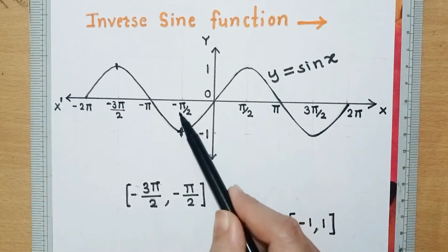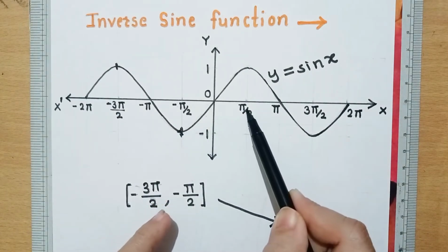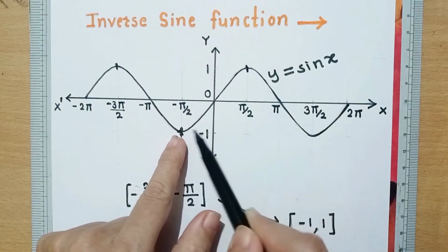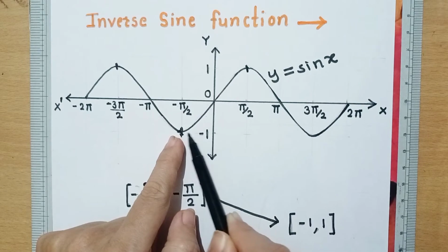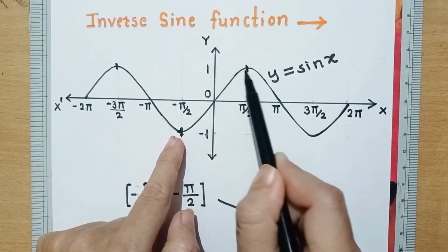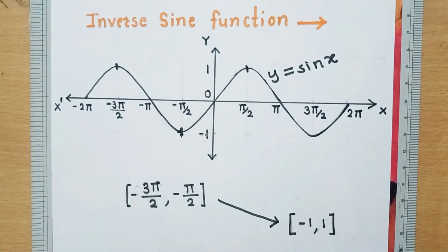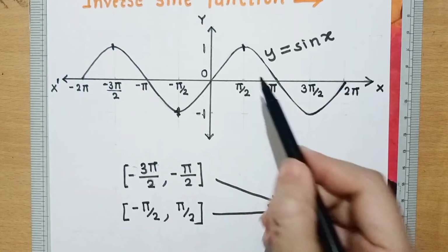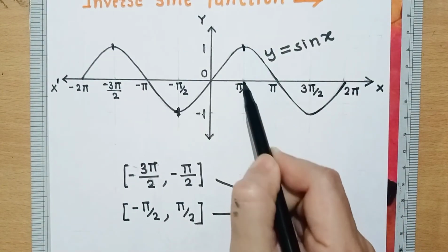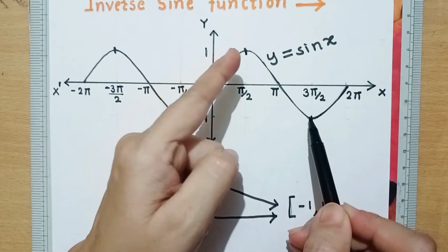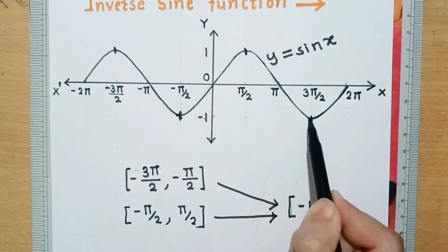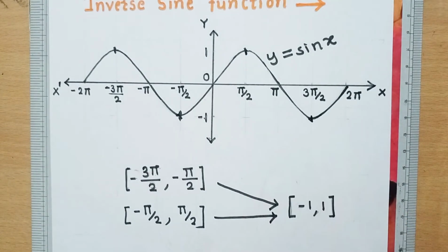Now check the second, minus pi by 2 to plus pi by 2. In this set, again the value of the sine function is minus 1 to plus 1. And again if I check this third branch, pi by 2 to 3 pi by 2, in this branch again the value of the sine function is minus 1 to plus 1.